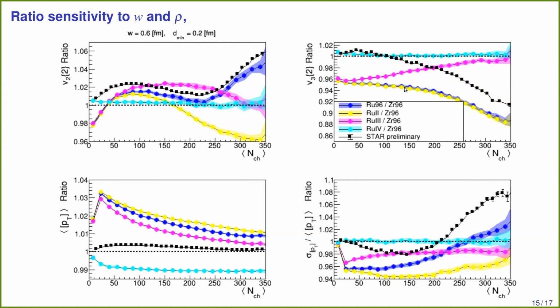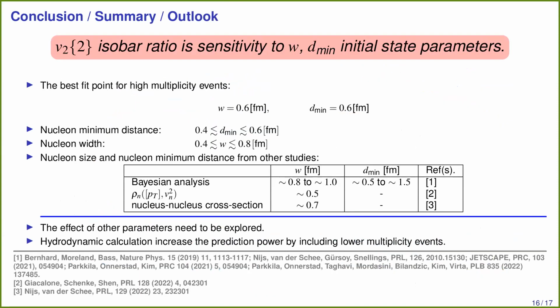Yeah, so let me just go to my last slide and conclude. What we can say after this study up to now is that the V22 isobar ratio is sensitive to the W and D mean initial state parameters. This is what we can say. And then if you want to trust this linear response hydrodynamics too much, at least in the central collisions, then we can say it seems this observable prefers W and D mean to be these values.